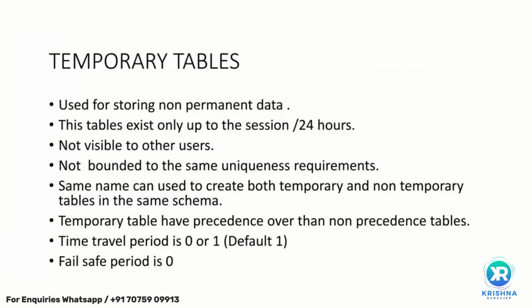Lifetime means it's valid only up to 24 hours. It's not visible to other users, meaning if you create a temporary table, it will be visible only to you. It's private to the session; others can't see it because it's a temporary table created by you.